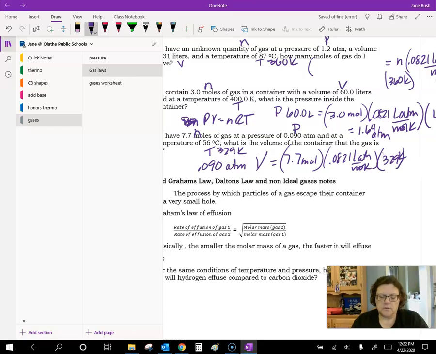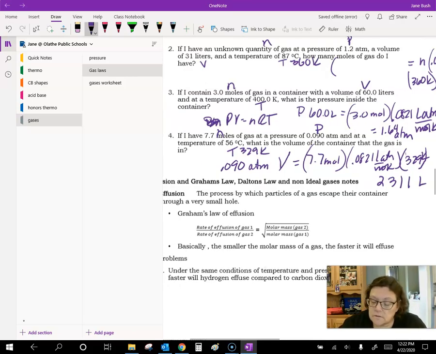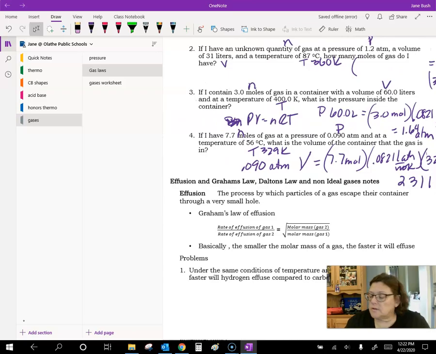So 329 times 0.0821 times 7.7 divided by 0.090 is 311 liters, if I did the math right, which is always subject to question.